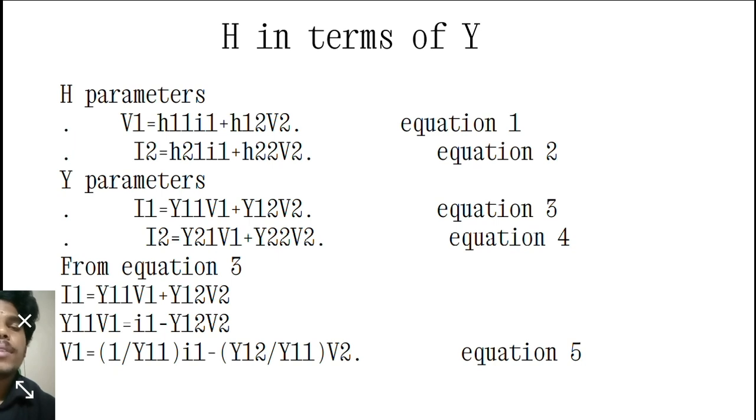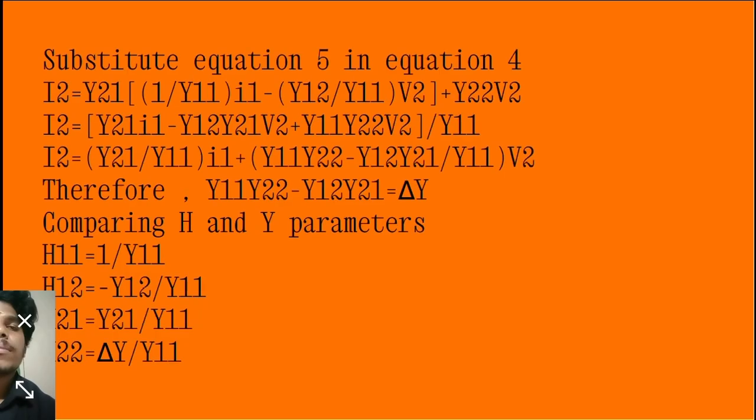This is equation 4. From equation 3, I1 equals Y11 V1 plus Y12 V2. Y11 V1 equals I1 minus Y12 V2. V1 equals 1 by Y11 into I1 minus Y12 by Y11 V2. This is equation 5.